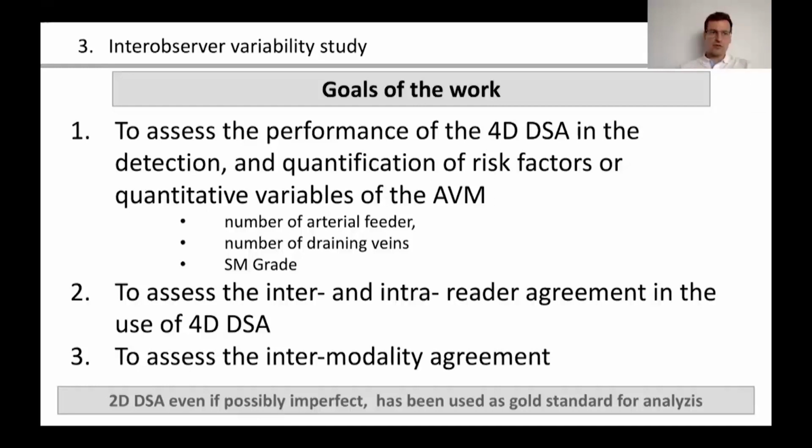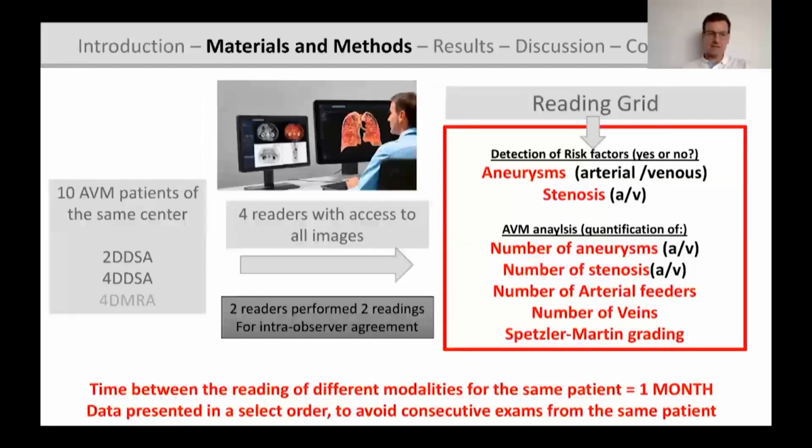The goal of our work was an inter-observer variability study to assess the performance of the 4D DSA in the detection and quantification of risk factors and quantitative variables of the AVM, such as the number of arterial feeders, the number of draining veins, the Spetzler-Martin grade, and to assess the inter- and intra-reader agreement in the use of 4D DSA, and to assess the inter-modality agreement. Now, 2D DSA, even if possibly imperfect, has been used as the gold standard for analysis.